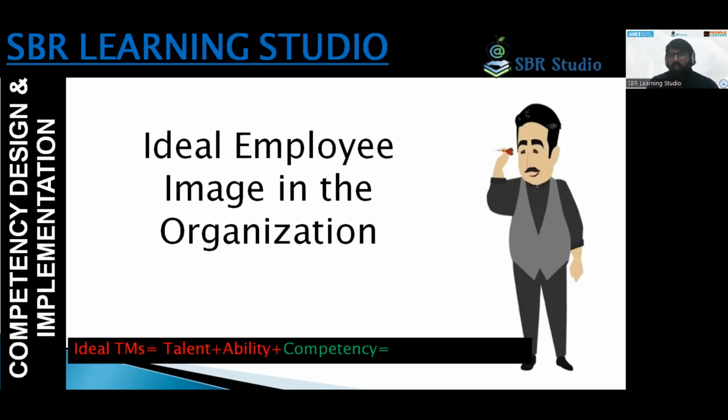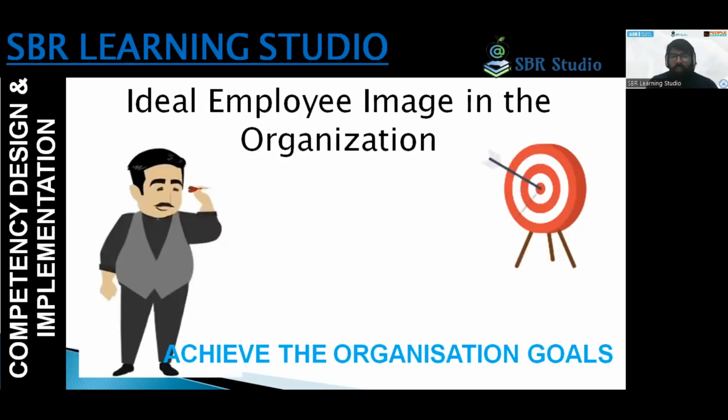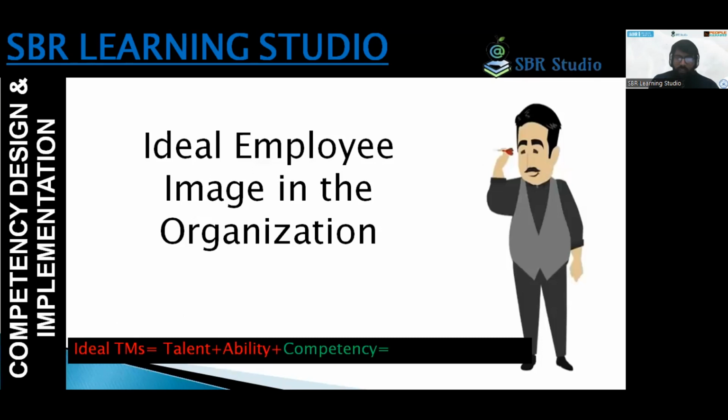That is why in an ideal image it is important that you can achieve the maximum achievements in the organization. That is where you have the combination of talent, ability, and the competency, or the behavior approaches.